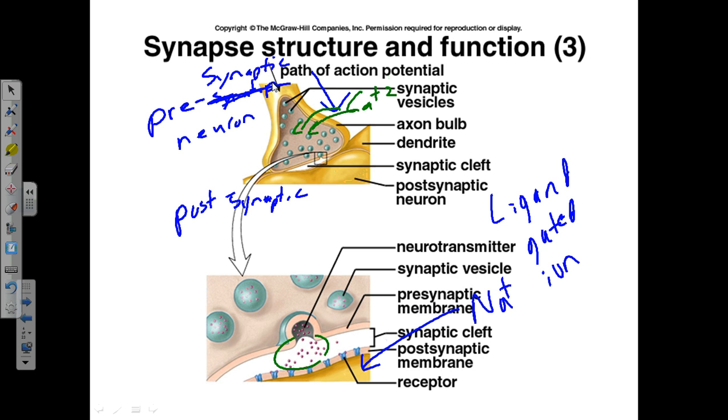Because otherwise, this nerve, the postsynaptic nerve, would keep firing all the time, right? That wouldn't be good. What Prozac does, though, in the pleasure centers, is it causes these neurotransmitters not to be broken down or taken back up, which means they stay in the synapse. And the neurotransmitter that it's causing to stay in the synapse is serotonin.